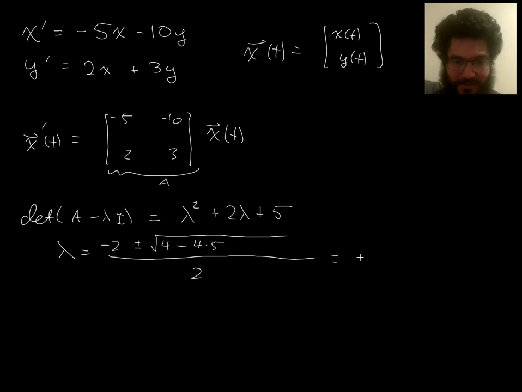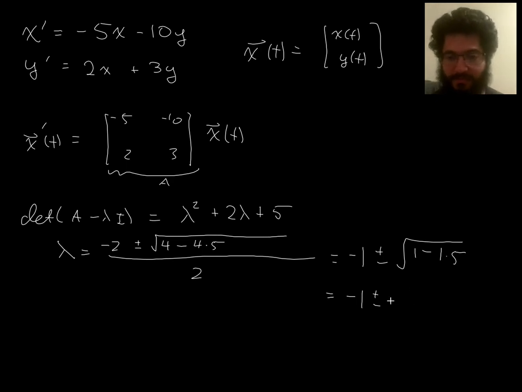Okay, so let's do this division by 2. Let's say -1 plus or minus, sometimes I find it easier to just stick this 2 inside the square root instead of dividing by 2 outside, divide by 4 inside. Then I have smaller numbers to think about. I have -1 plus or minus the square root of 1 minus 5.